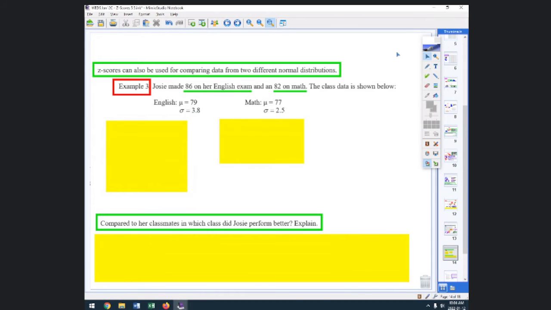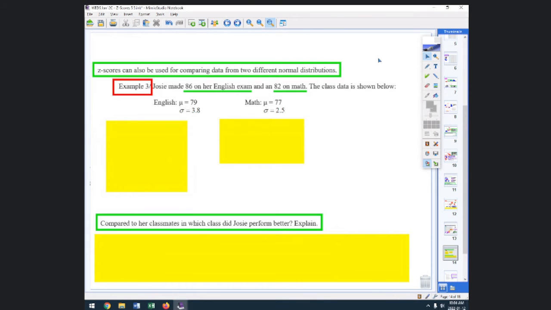Here's a little review from before Christmas: which set of scores had more spread, English or math? More spread, which one? Is it English? It is English. It's English because the standard deviation is greater.